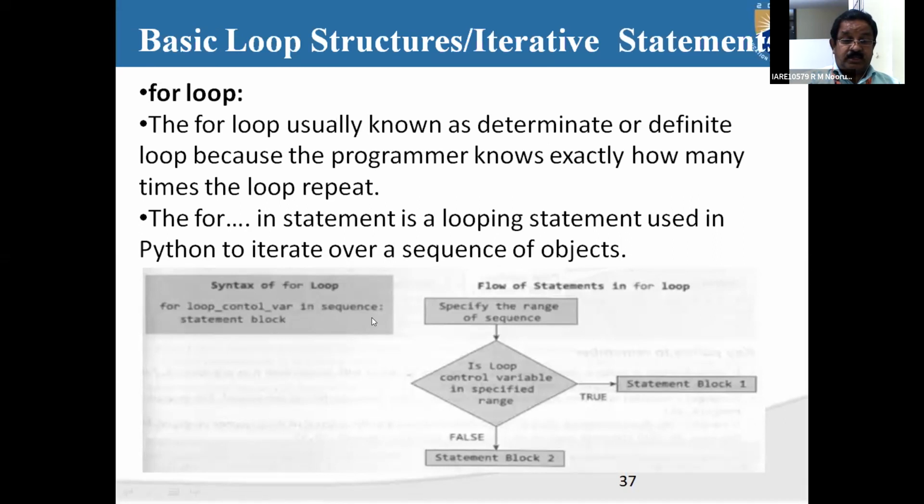So these are valid. The for loop is valid for all types of sequences, whereas while is not valid for sets and dictionaries.